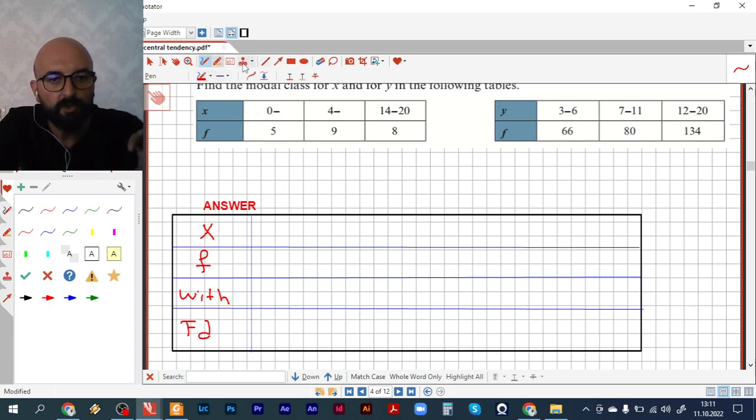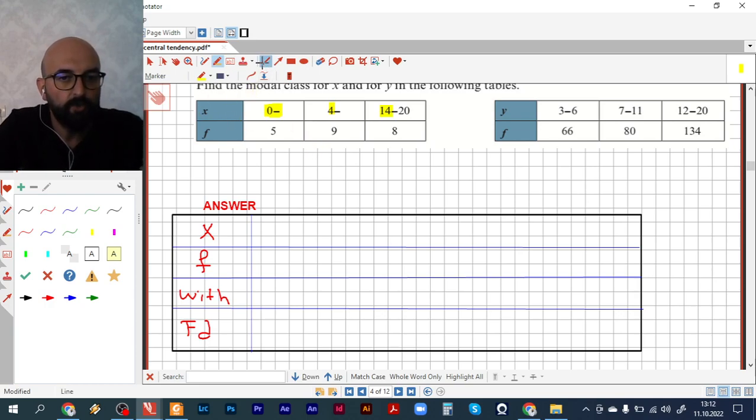If you see this, it means that the lower boundary in the first group is 0 and the upper boundary is 4. In the second group, the lower boundary is 4 and the upper boundary is 14.